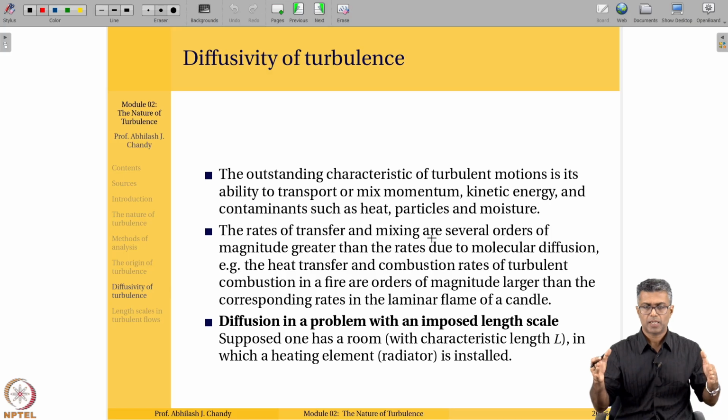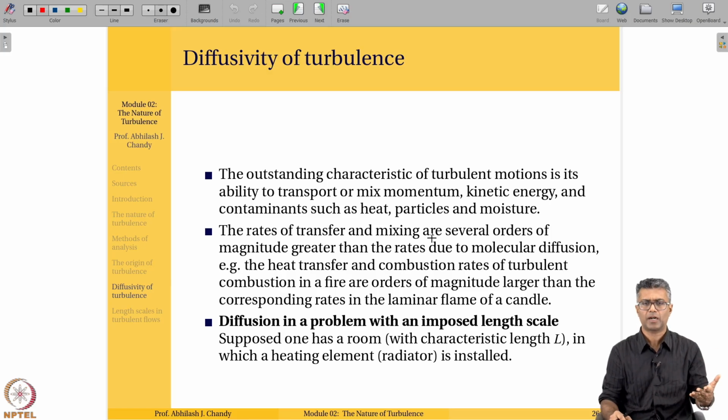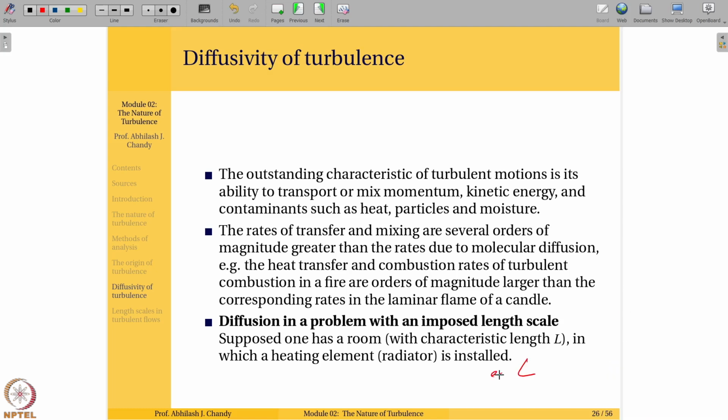The room has a length scale L. So this L is some kind of a cube root of the volume of the room. Let's say the room does not have the same length, breadth, and height; all are different. A typical characteristic length scale could be the cube root of the volume of the room. So L would be approximately equal to the cube root of the volume of the room. That's a characteristic length scale for the room.